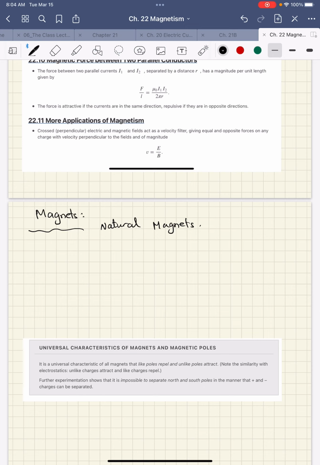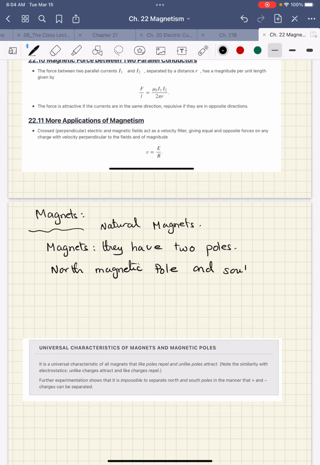Now, magnets have two poles. And we know that one of them, we are going to call it the north magnetic pole, and the south magnetic pole.